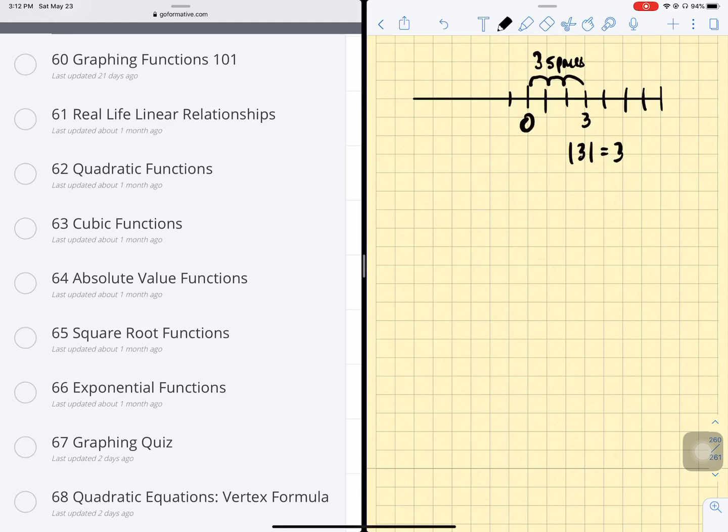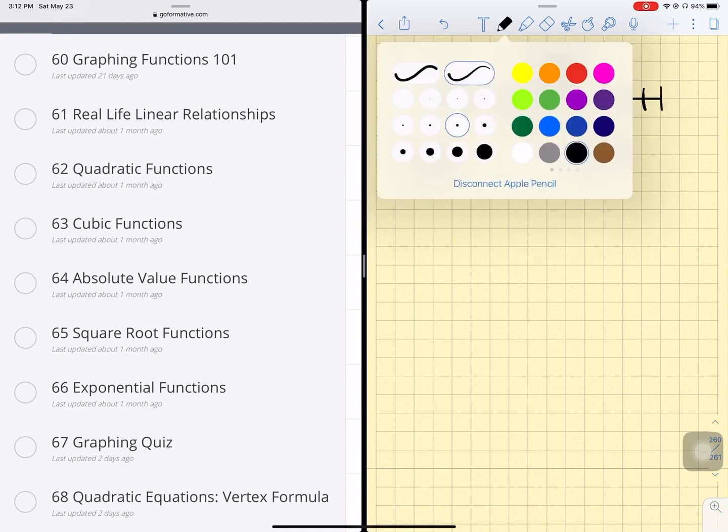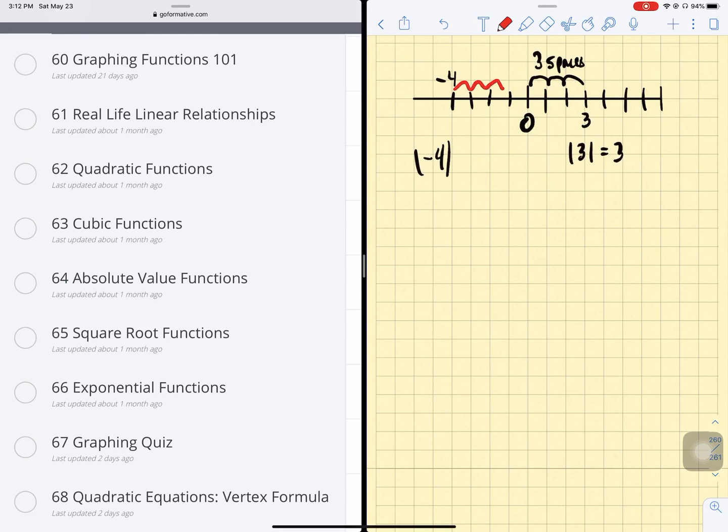The confusing part would be the kid who's doing -4, and you ask, what's the absolute value of -4? A lot of kids say -4, but you're not going to have -4 spaces away. Just count the spaces. How many spaces away is it? It's 1, 2, 3, 4 spaces. So the absolute value of -4 is 4, which means no matter what number we ask you for the absolute value, it's going to be that same number without the negative.